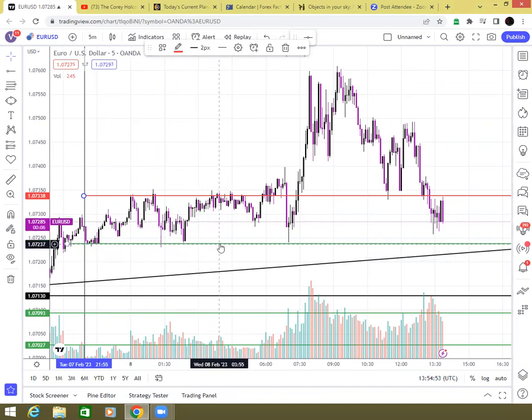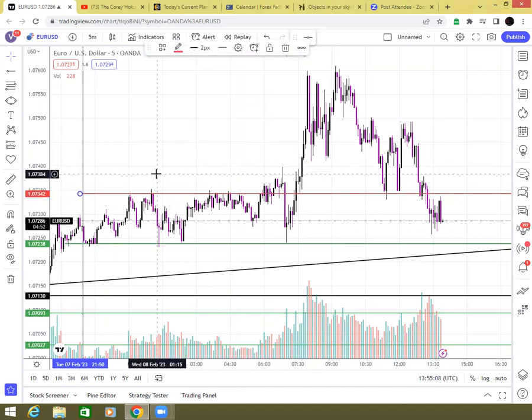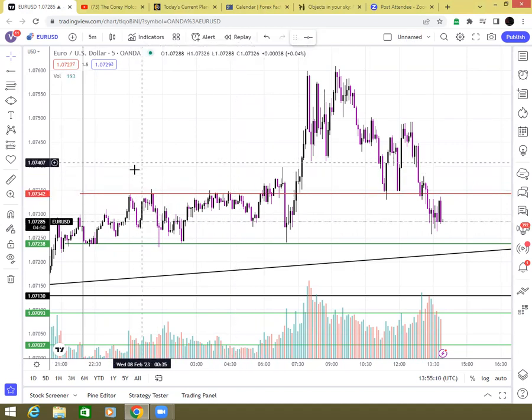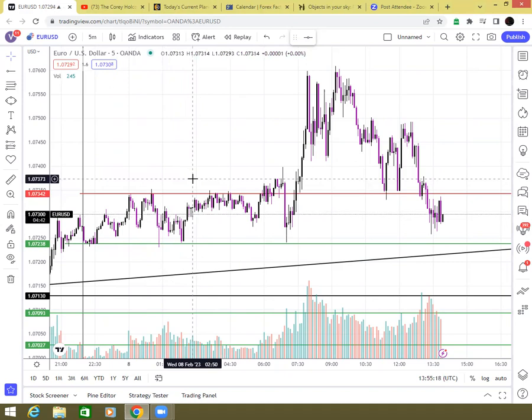So this is green for a purpose, and this area up here is red for a purpose. The particular reason it is red is because we like to call this zone, area or zone, the resistance, or some people like to call it the ceiling.